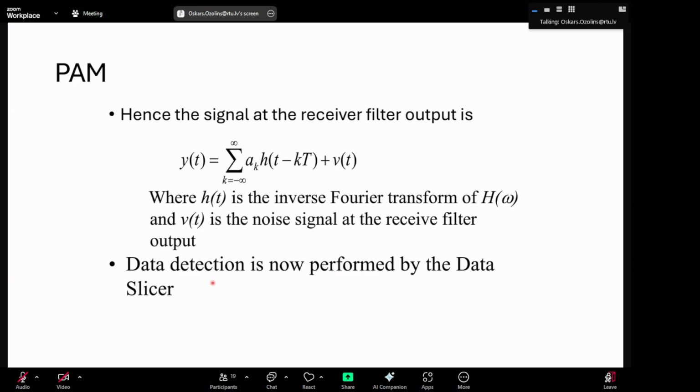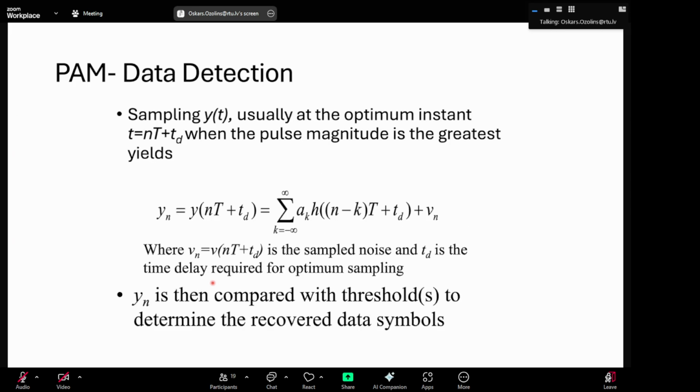so then you can detect the data. With the slicer, you can decide whether it was level 1 or level 0 which arrived. Right, and then you also need to sample the signal at the right optimum instant, when the pulse magnitude is the highest, considering the noise and time delay.